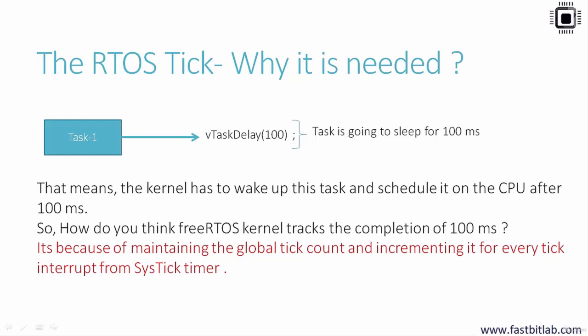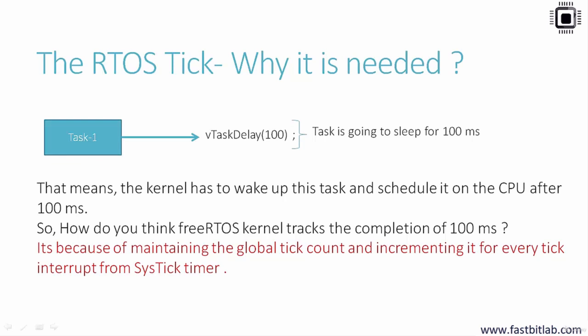So if tick count is incremented by 100, that means 100 milliseconds have elapsed, right? This task will be woken up by checking the value of tick count at each SysTick tick interrupt, remember. So if tick count value is incremented by 100, then the task will be woken up. That's how FreeRTOS tracks the time elapsed in the system.